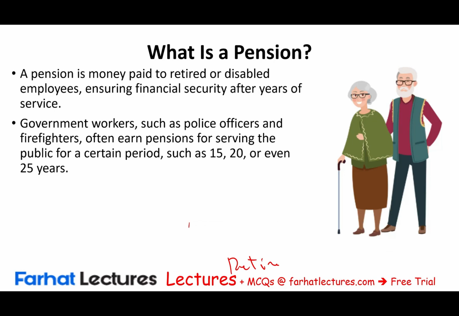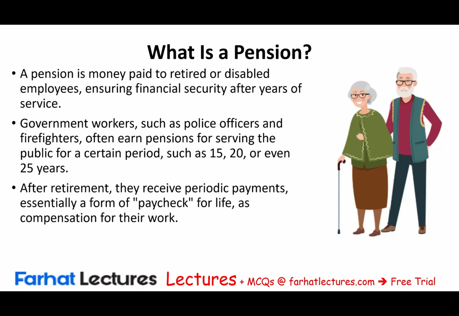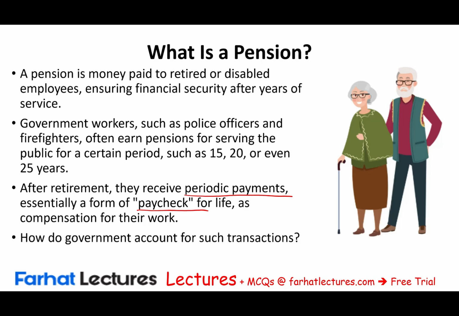Now, most are even removing this feature because it's very costly, but some governments still offer pensions. So after retirement, you as an employee receive periodic payments in the form of a paycheck for life as compensation for your work. So the question is, how does governmental fund accounting account for such a transaction?